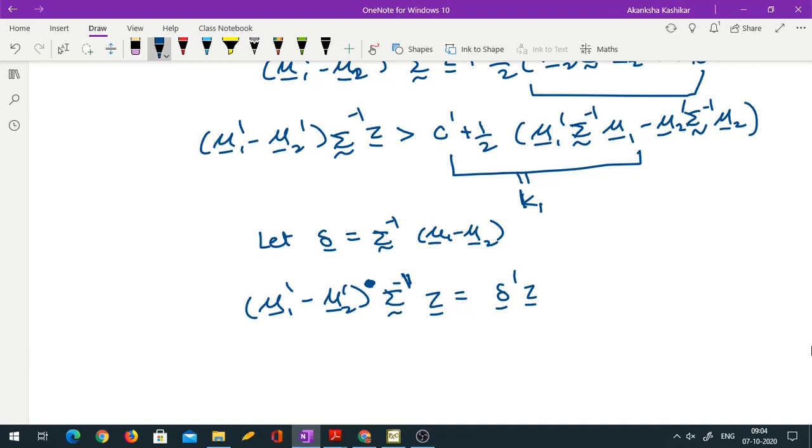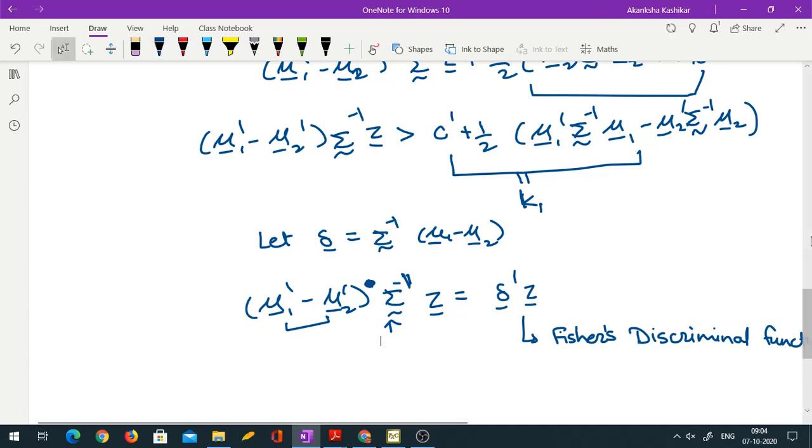So this delta prime Z is actually known as Fisher's discriminant function. So my final rule is based on Fisher's discriminant function, and this does make some sense. We are taking the difference between the two populations and scaling that difference by the common variance, so my rule should depend on it.